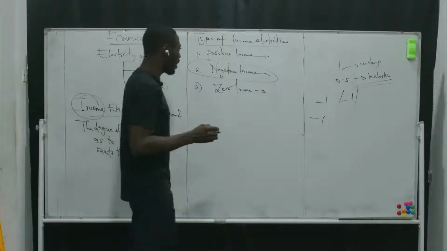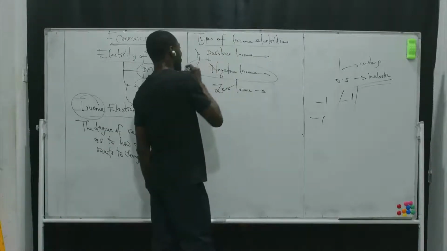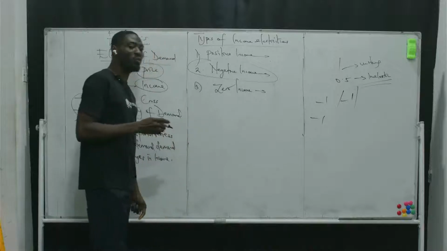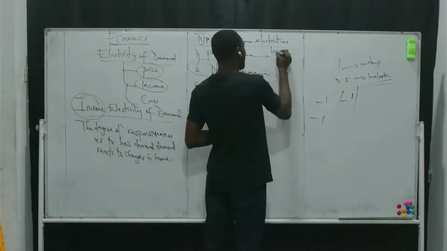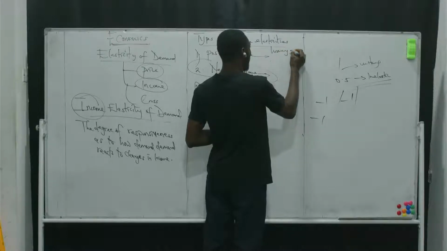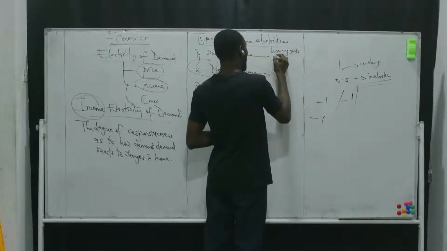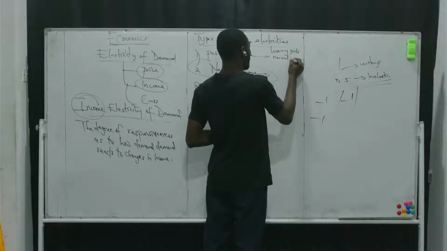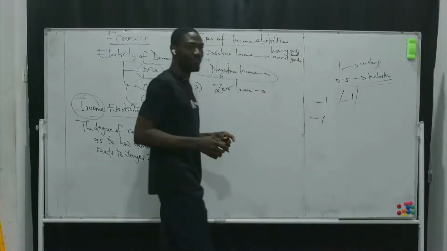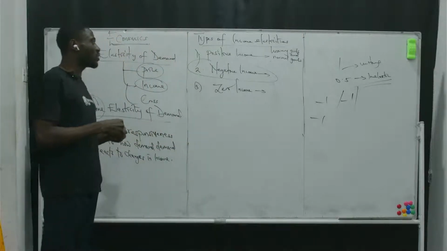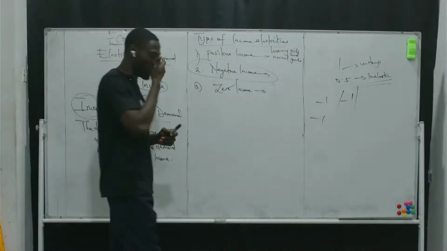All right, now for positive income elasticity, you can deal with two kinds of goods, and those are luxury goods and normal goods. Luxury goods and normal goods.